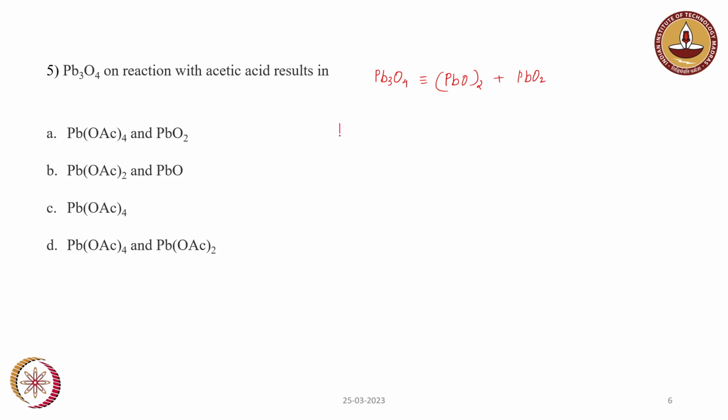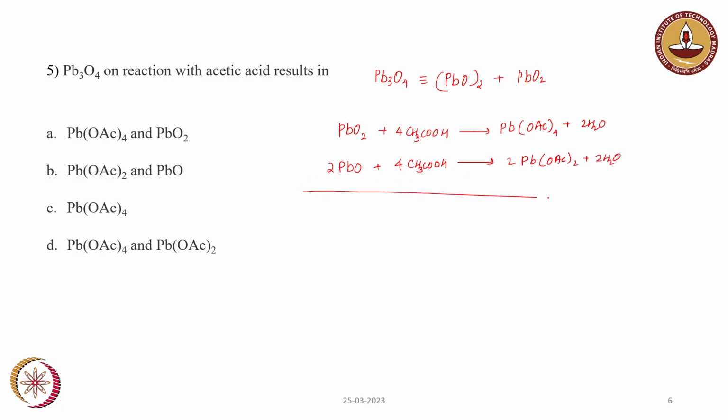So the reaction will be PbO2 plus 4 CH3COOH will give Pb(OAc)4 and 2 water, and 2 PbO reacting with 4 acetic acid will give 2 Pb(OAc)2 and 2 water molecules.